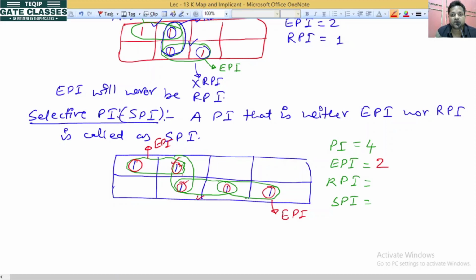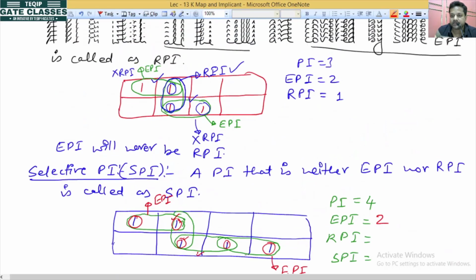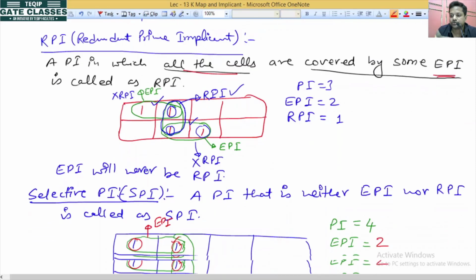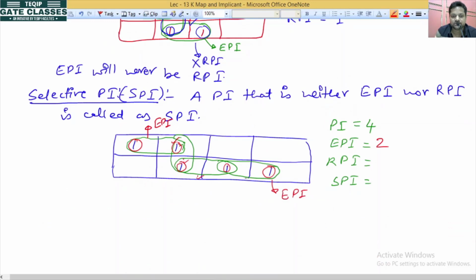And we know that in the definition of RPI, all the cells are covered by EPI only, not PI. Since this one is not covered by any other EPI, it is not RPI. Similarly, in this group also, this one is not covered by any EPI, so it is not RPI. So RPI is 0.